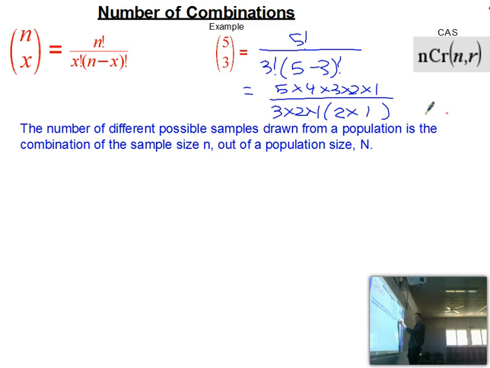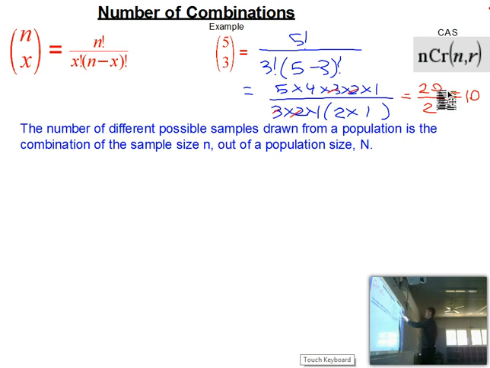Now, by expanding out all the products, we can see some common factors that we can cancel out. 3 factors of 3, and so on. So from that, we've got 20. What's left in the numerator? Divided by 2, which is going to give you a 10. Okay? So there's 10 ways we can get groups of 3 things out of 5 possibles.